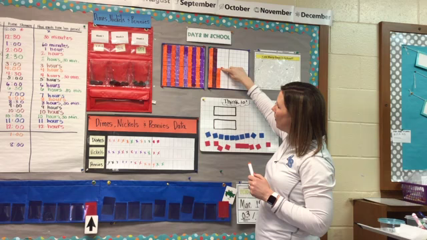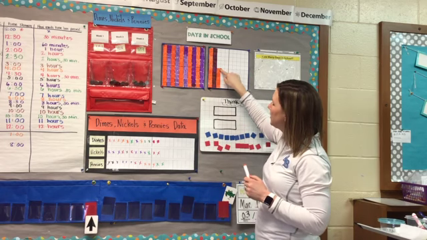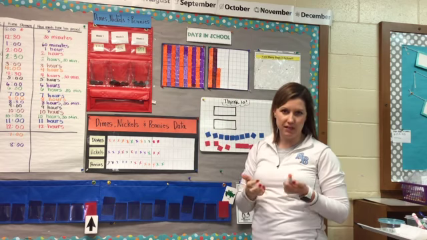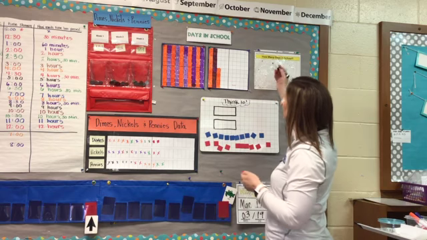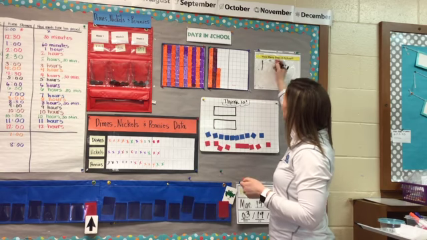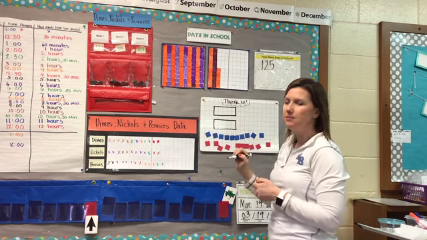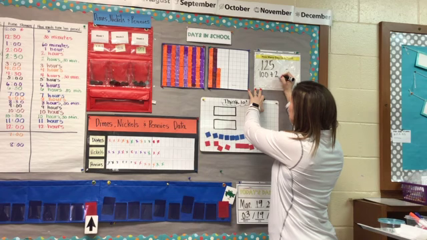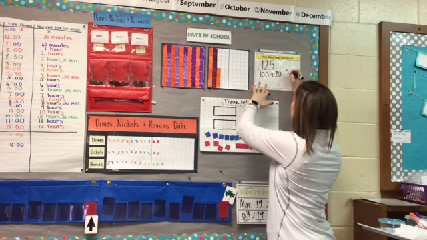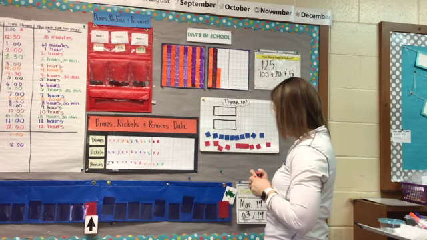And we are halfway up our group of 10 here. I know that half of 10 is 5. So this tells me we have been in school for 125 days. One group of 100 plus two groups of 10 is 20 plus 5 ones, 125.